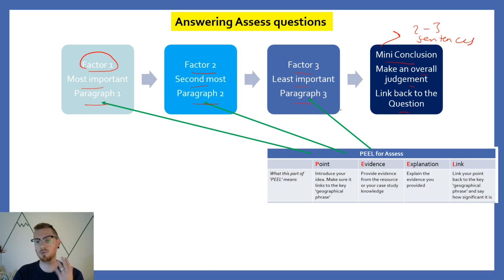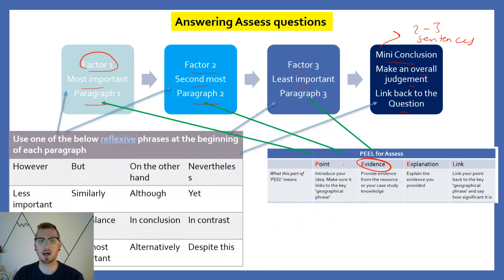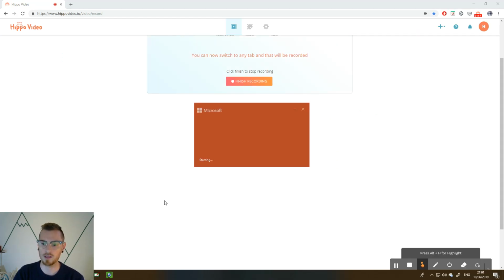All 3 of these must be the PEEL structure. Again, use evidence from the resource, and I would use a reflexive phrase to begin this paragraph, such as, on the other hand, nevertheless, although, yet.